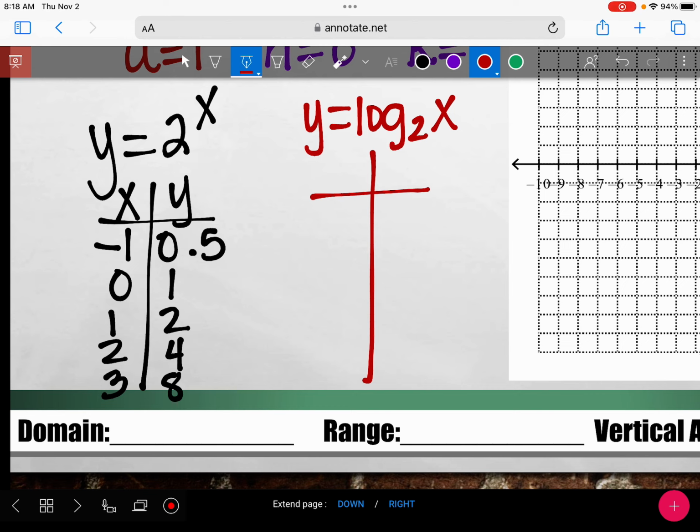So that's why the easiest way to do it is to just flip your table. So what you're going to do is take your table. All of your y values are now your x values. So I'm going to take these 5 numbers and put them in my x column.